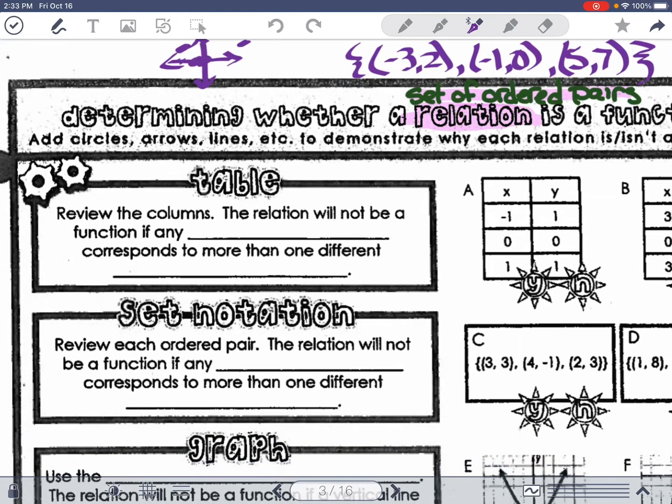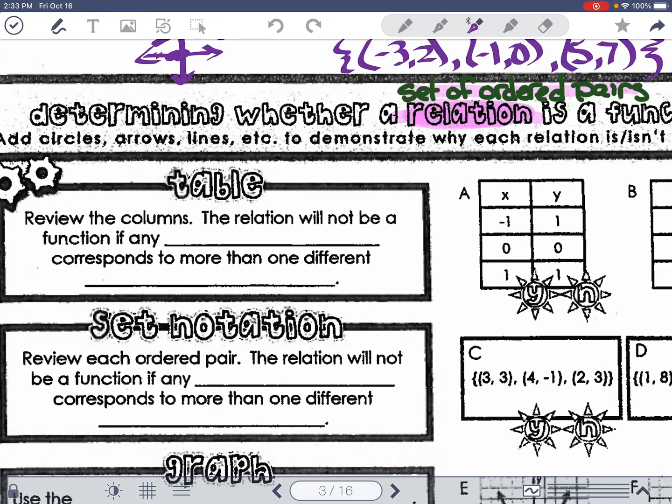All right. So sometimes we get a table to look at, and we have to determine if this table is a function. Review the columns, the x column and the y column.